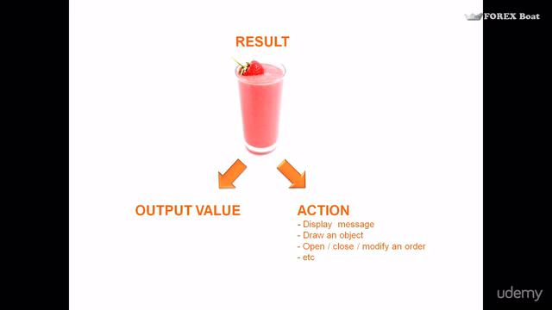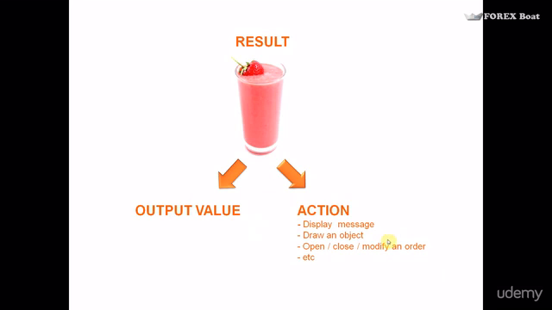A function can open, close, modify an order, and etc. In this particular case, when a function opens an order, we saw that in the previous tutorial when we used the order send function, and by passing parameters into that function, it created an order for us. And also a function can do a combination of these two. It can do an action, and it can output a value at the same time.